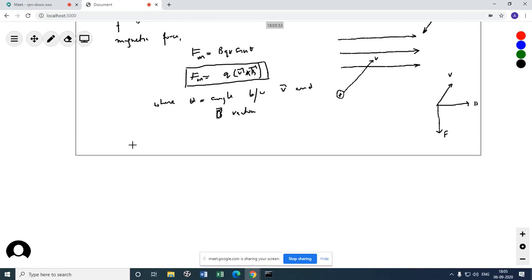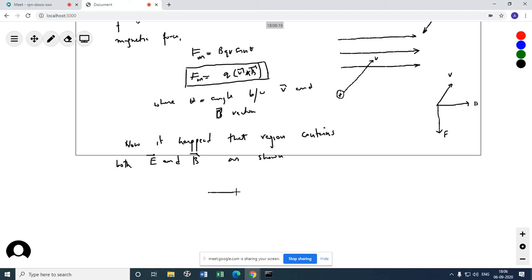Now it may happen that a region contains both electric field and magnetic field, as shown.